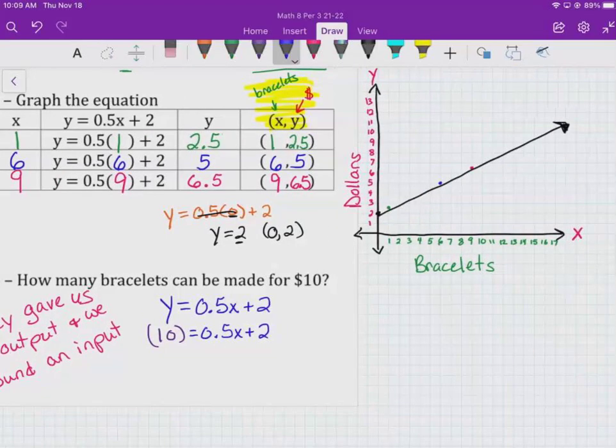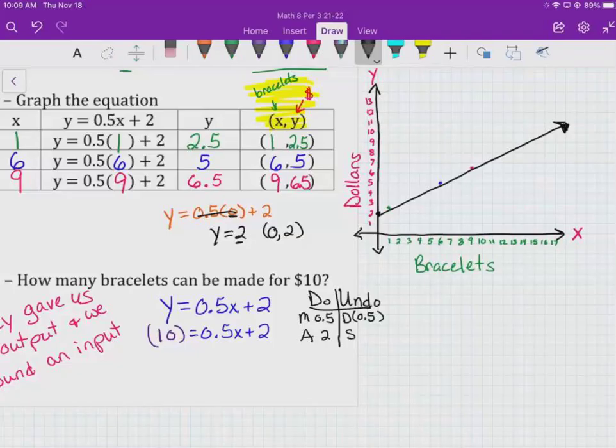Now, this is a two-step, so we know do and undo. What's going on between the x and the half? It's a decimal. If you multiply by 1/2, you're going to divide by 1/2, and no, you don't do that with decimals because you know you multiply by the reciprocal. And then we're adding 2, so we're going to subtract 2.